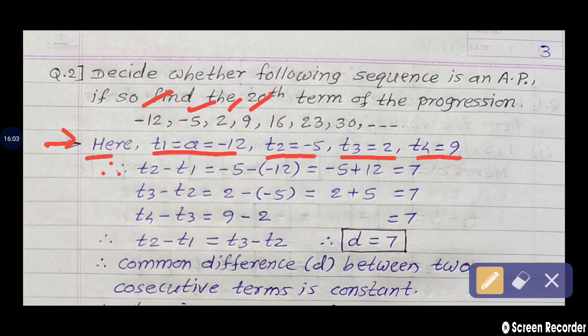Therefore, find the difference. T2 minus T1 is equal to T2, minus 5, minus T1, minus 12. So write in brackets. Minus of minus 12 is plus 12. So minus 5 plus 12 means 12 minus 5. Answer is 7.